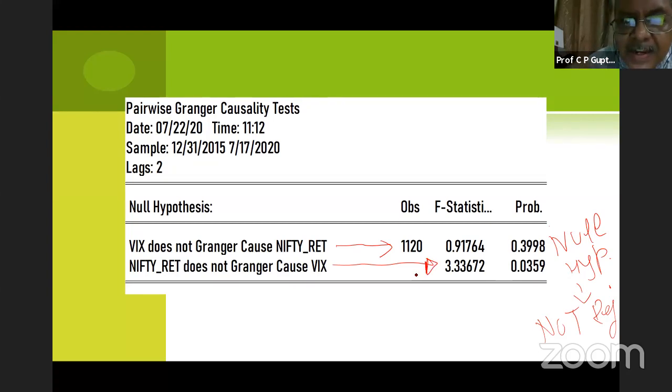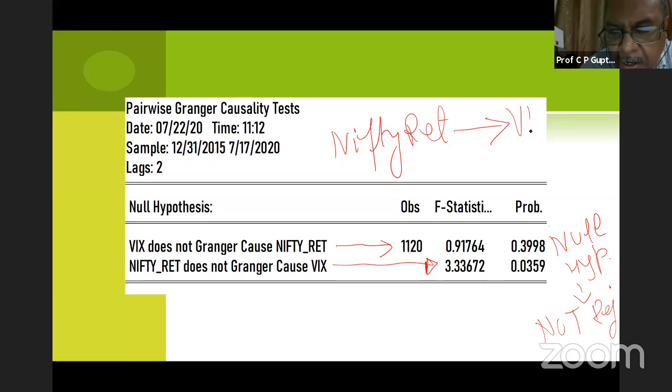So we say that Nifty return is Granger causing volatility in the market. So it is the return that creates volatility in the market. So there is a relationship. What is that relationship? You can explore it further.